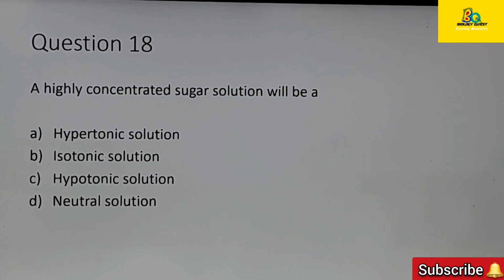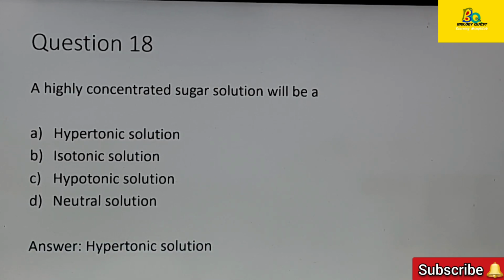So what type of solution will it be? It will be a hypertonic solution. A solution whose solute concentration is more is called a hypertonic solution. So the correct answer is option A, hypertonic solution.